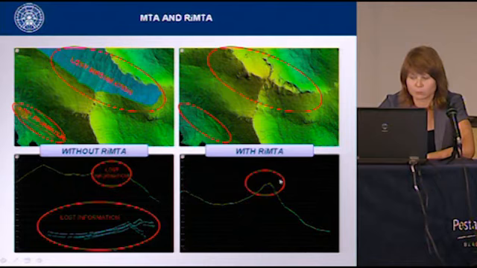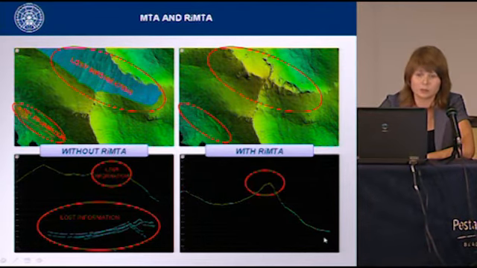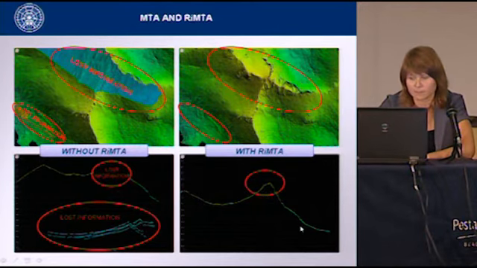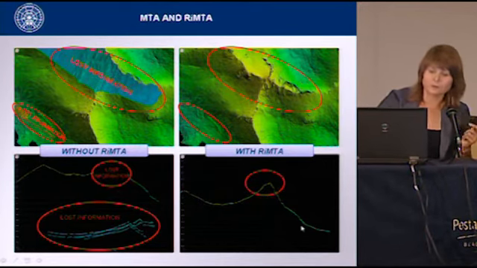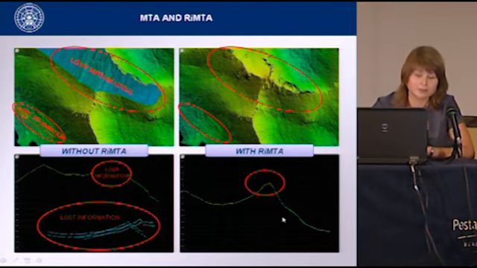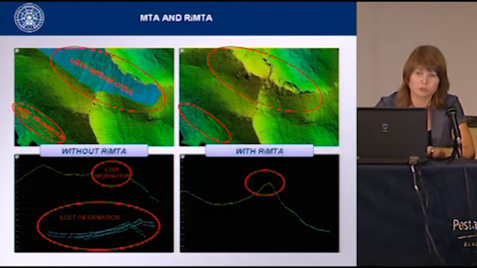But when we use this module, all the points are calculated correctly and the whole area is correctly depicted and visualized, and there is no need to do new flybys. In general, as far as this project is concerned, it allowed us to save at least 50% of flight time, which is a great advantage, and it saves a lot of time and energy and money.